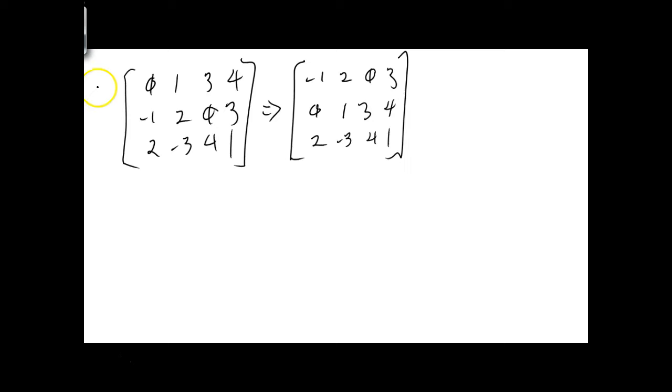I usually write here what I'm doing. Row 1 interchanges with row 2. You don't have to, but I think you'll find it helps. Interchanging two rows is not a big deal, but when you go back and look at this, it's easier to tell that's what you did.